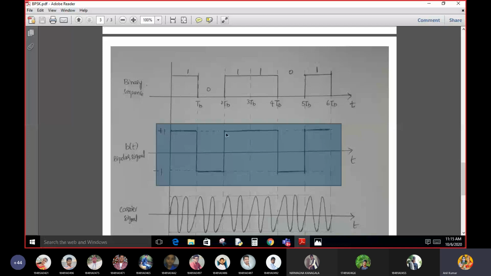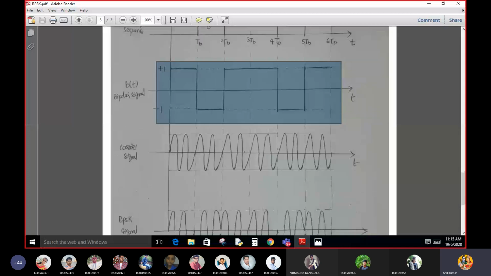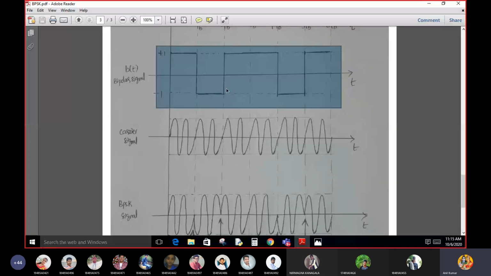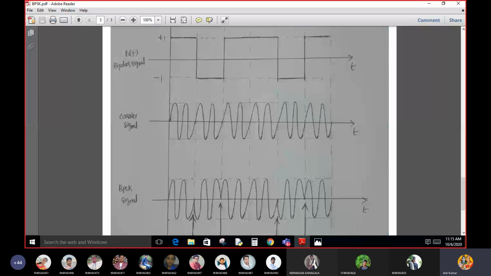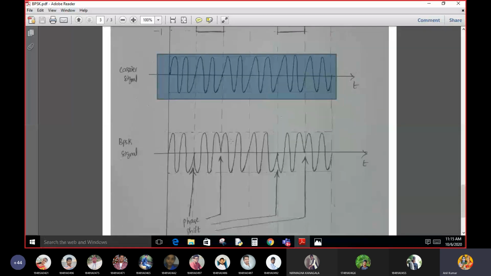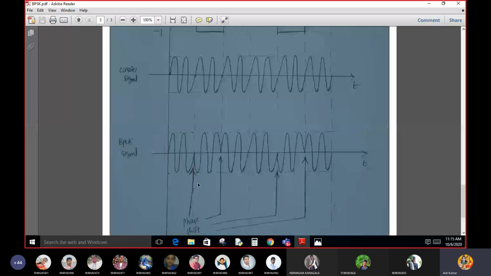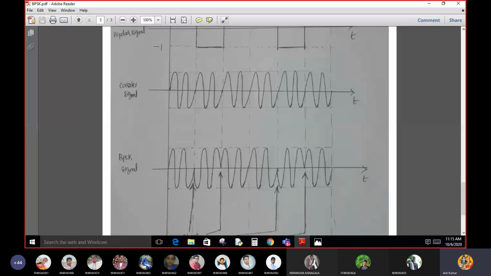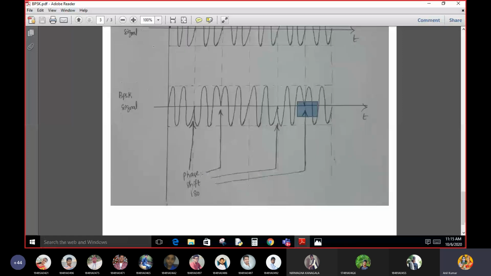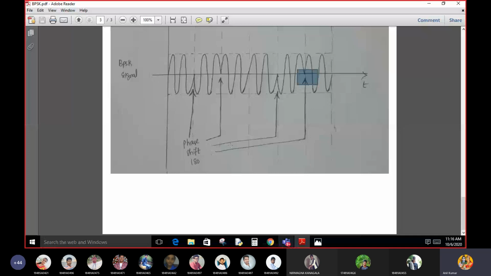This is the electrical format of the binary signal, and it is modulated with the help of the carrier signal. This is the carrier, so there will be a phase shift here. All of you please look at this. Here it is 1 and 0, therefore 180 degrees phase shift, 180 degrees phase shift, and 180 degrees phase shift. I already explained all these things in the previous class.